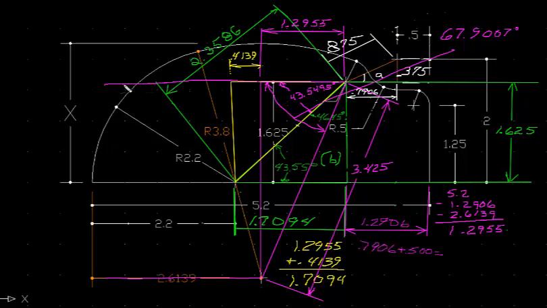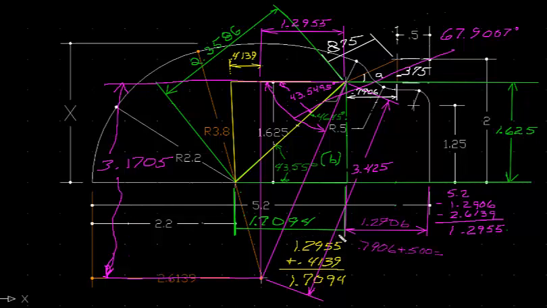This total length from there to there, and this isn't a nice straight line like some of the other ones, but you get the idea, would be 3.1705. So that would be the total length of that magenta angle going straight up and down.